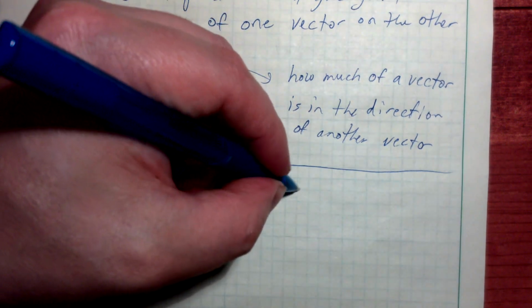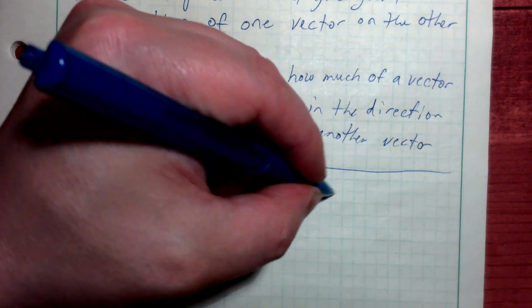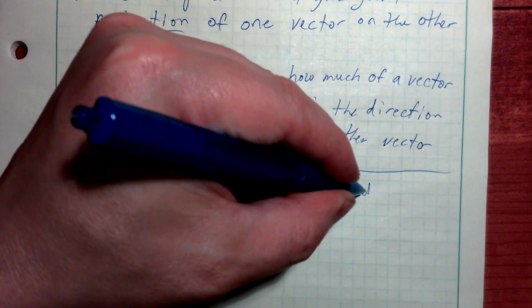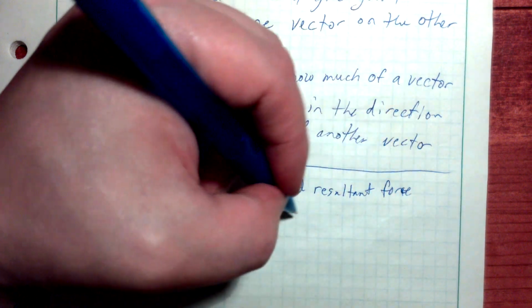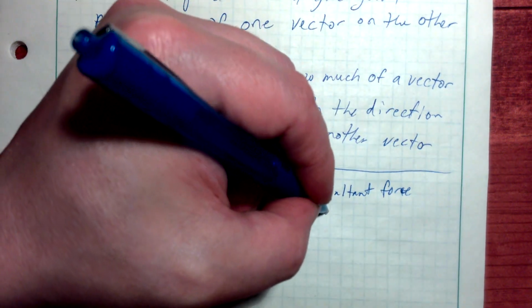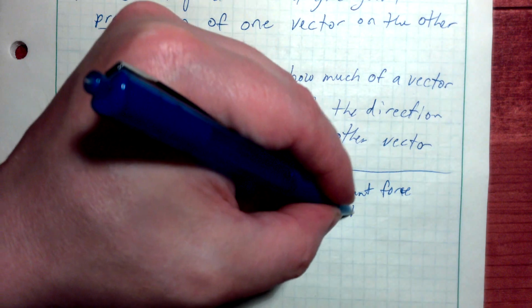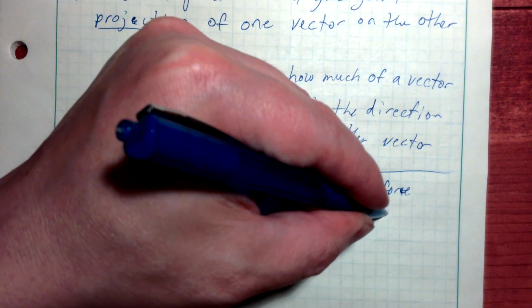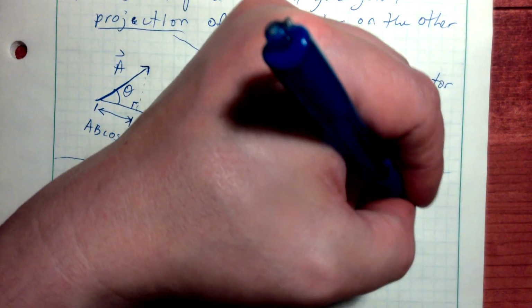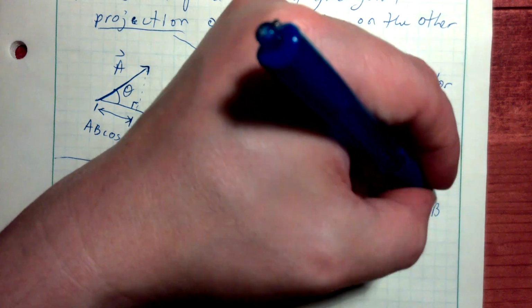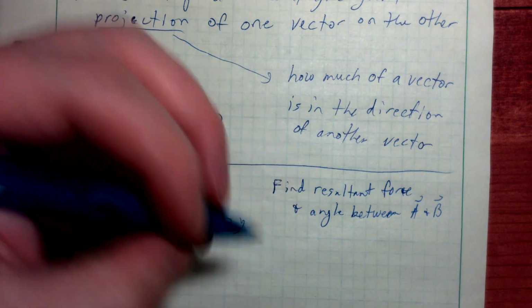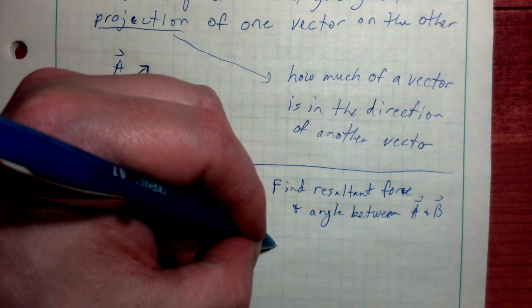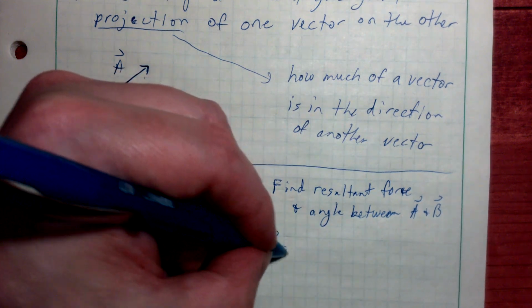And we're just going to say find the resultant force and the angle between vectors A and B. So I've applied two vectors to this object on the origin here, and we'll say that vector A is known.